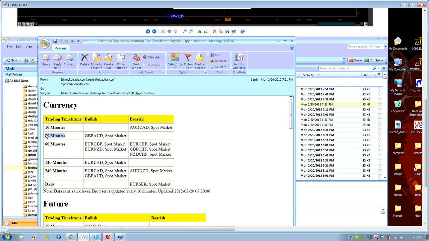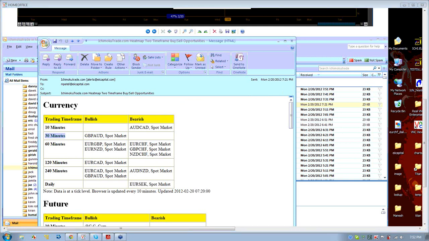Remember, if you enter on a lower time frame, your risk is going to be lower. But you may not have that luxury to keep looking at that chart, because you're involved with your family, you're working, or so forth. Does that make sense? You could enter in either one of these, but it is a multiple time frame opportunity. Everyone okay with that? Yes?